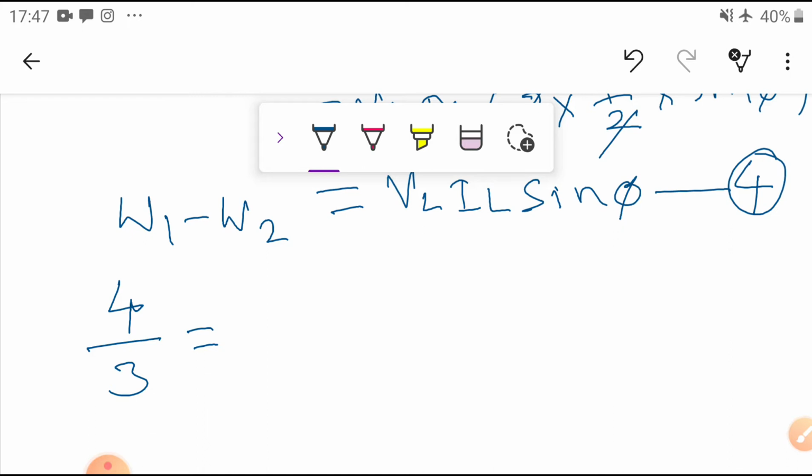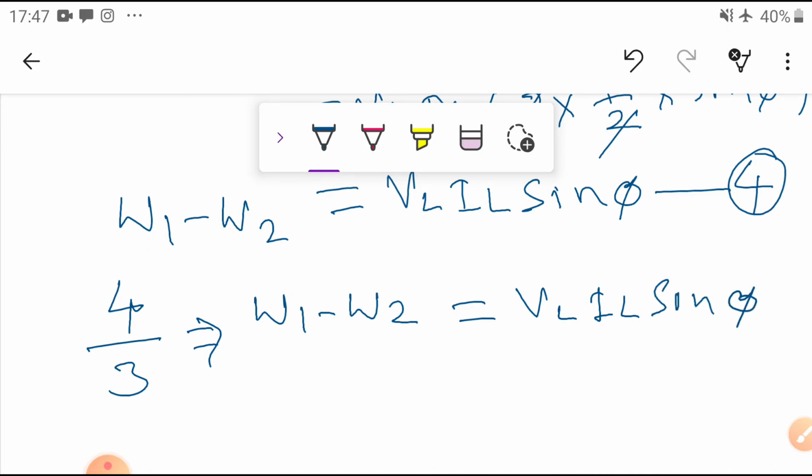What is the fourth equation? This is W1 minus W2 is equal to VL IL sin phi.